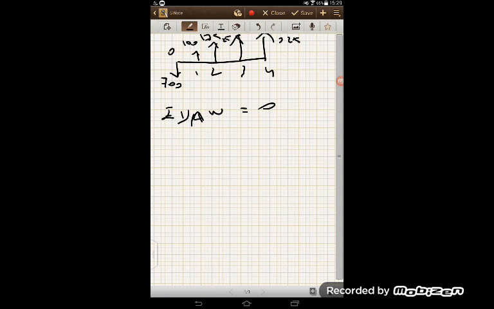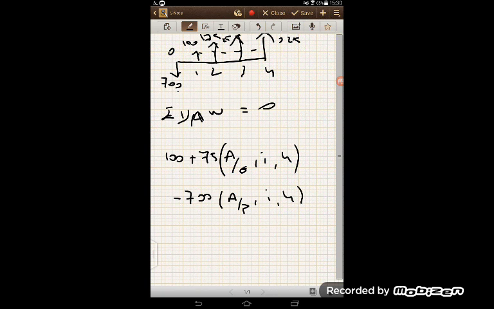These cash flows are arithmetic gradually increasing, so 100 is an A in the positive direction, plus 75, 75, 75 arithmetically increased, so 75 multiplied by A over G, I, and 4 years. Minus 700, which is present worth, so I will convert it to the annual series, A over P, I and 4. This is equal to 0.